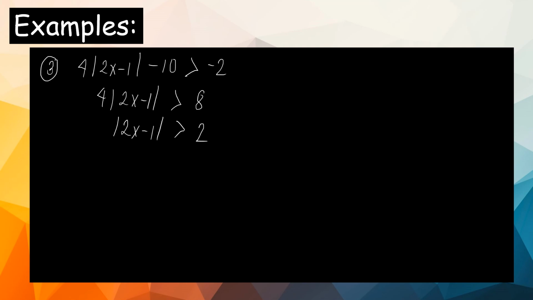So now we can look for the rule that fits this. So we have here greater than 2, or greater than a positive number. And whenever you have this, you need to follow rule H. So let's review first rule H. It says there that if you have the absolute value of u, and u is greater than a, take note that a should be greater than 0.